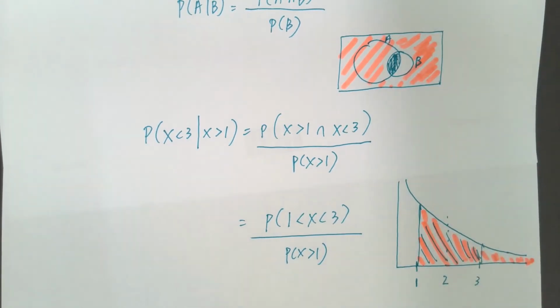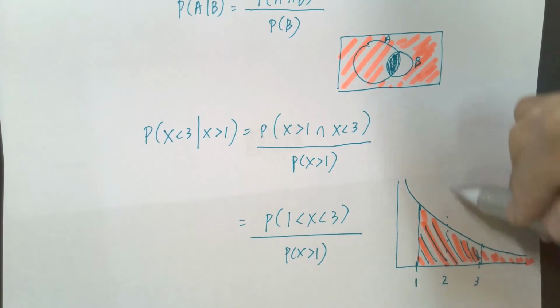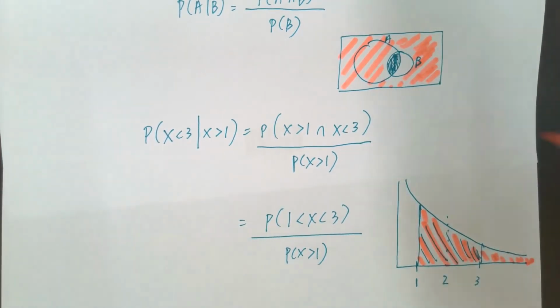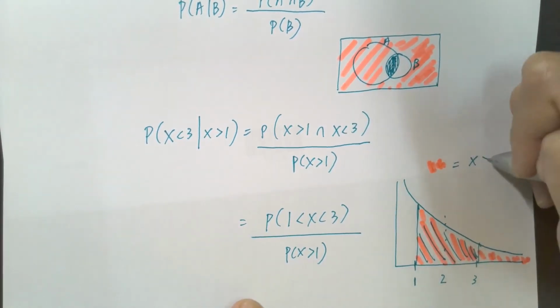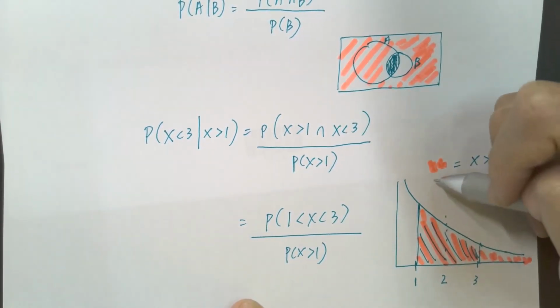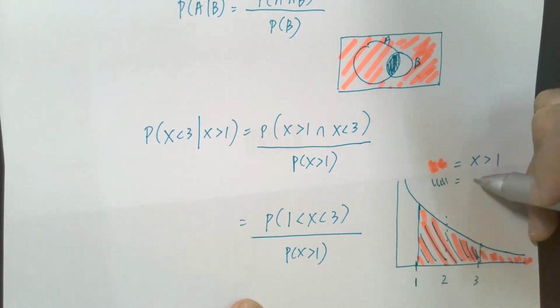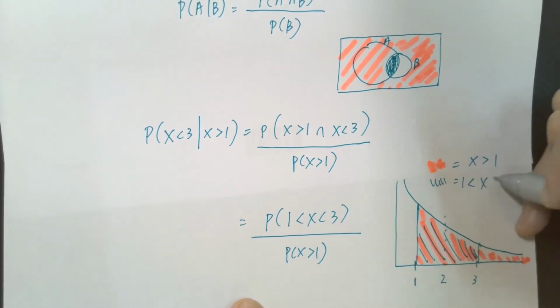The red area is x bigger than 1, and this area is between 1 and 3, right?